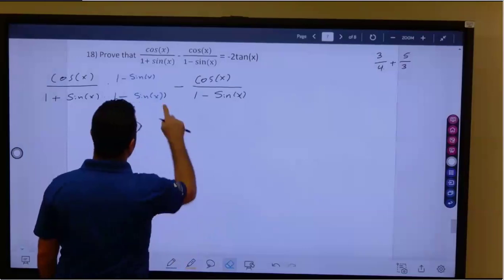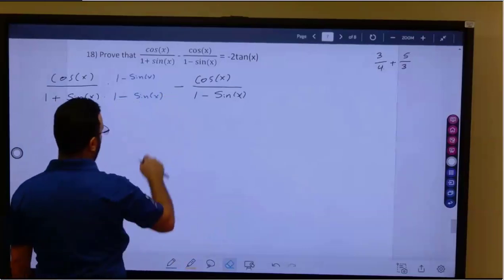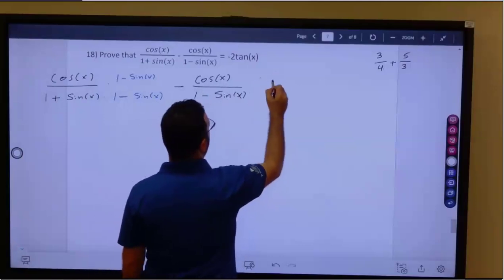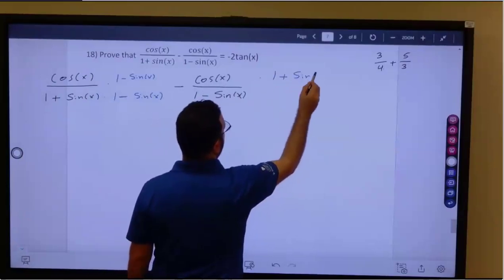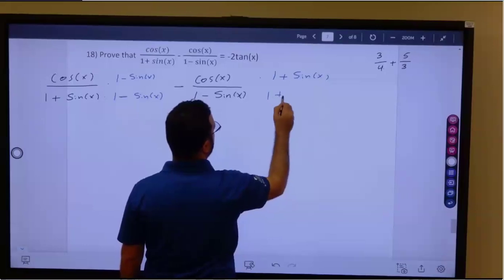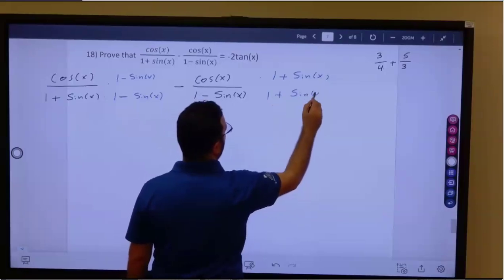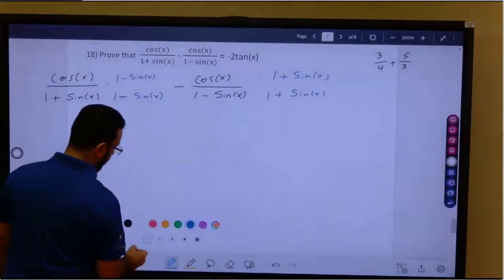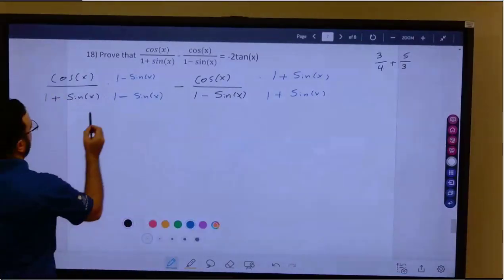Then we're going to do the same thing with the other side. With the other side, I'm going to multiply by 1 plus sine x, 1 plus sine x. Let's see what we do.